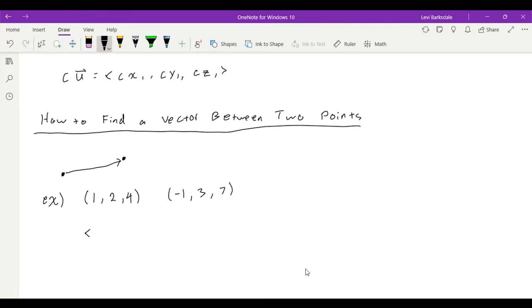I just take the first component of my second vector and subtract the first component of my first vector. In other words, I take this vector and subtract this vector. So I have -1 minus 1, 3 minus 2, 7 minus 4, and the vector that gets me overall is (-2, 1, 3).